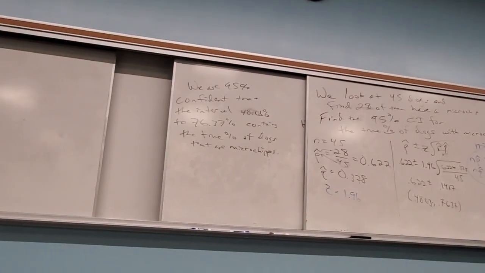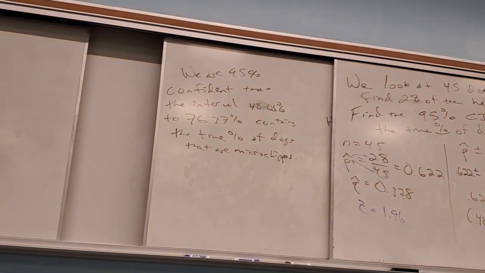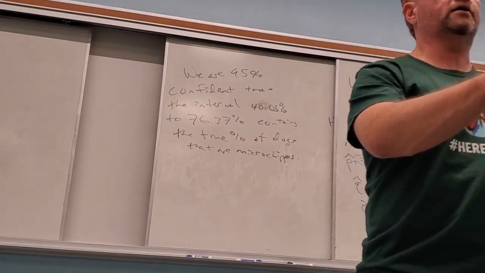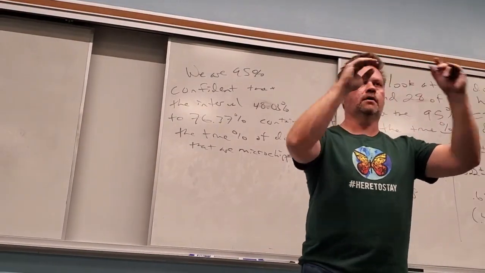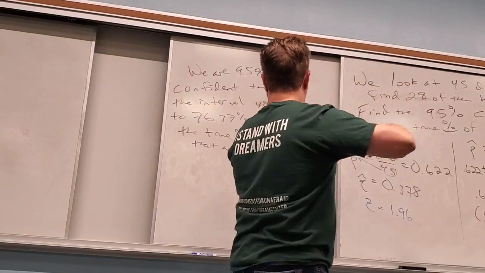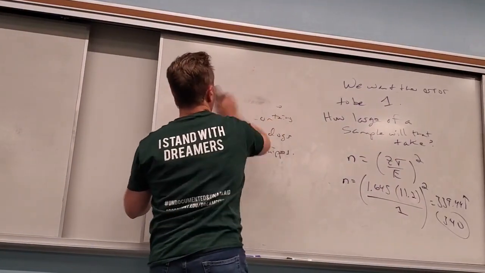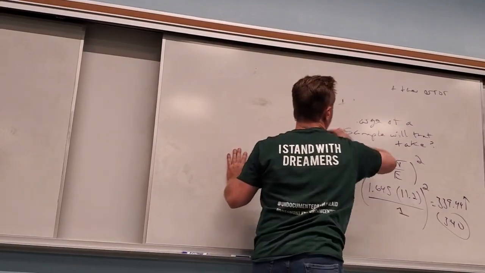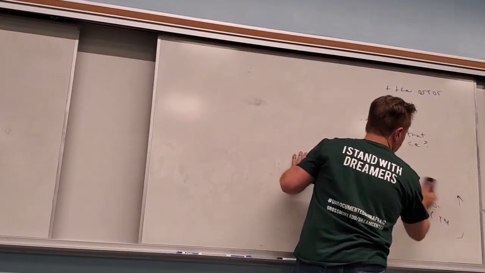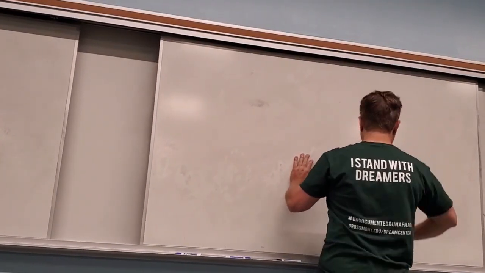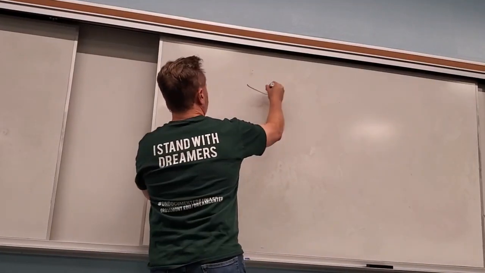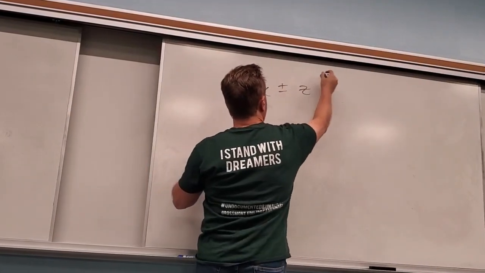So the connection this has to Guinness is the guy who created what we're about to do. So here's the idea. The formula we have right now for finding a confidence interval for a mean involves sigma.